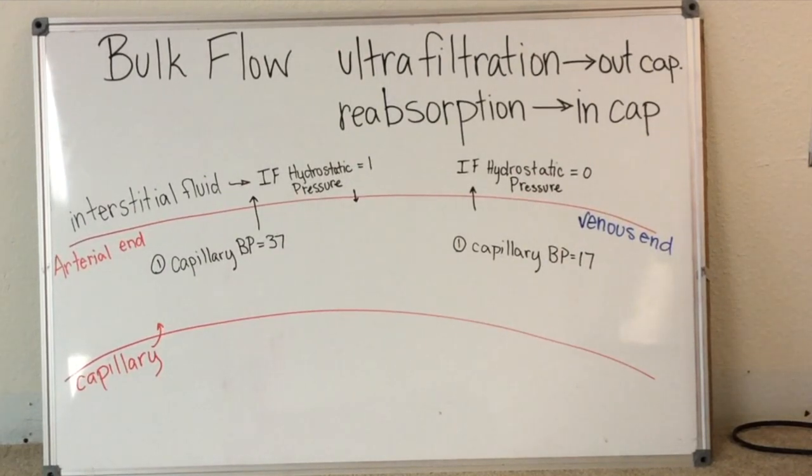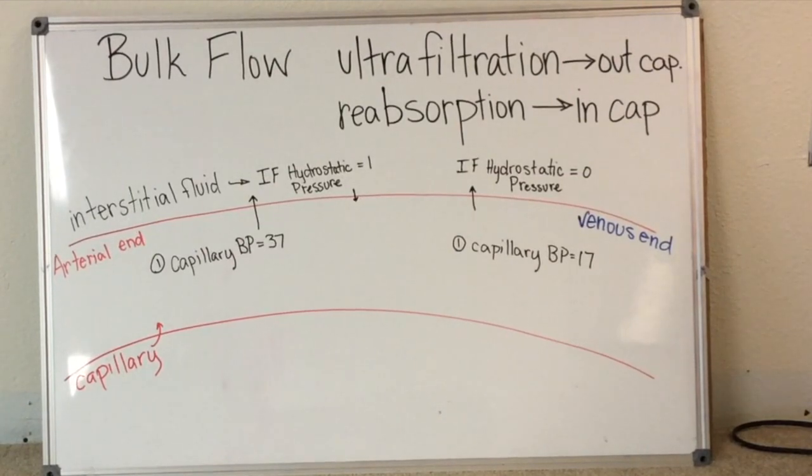One factor that influences bulk flow is capillary blood pressure. On the arterial end of the capillaries, blood pressure is around 37 millimeters of mercury. By the time blood has reached the venous end, blood pressure has dropped to 17 millimeters of mercury due to increased friction by the red blood cells against the capillary walls and the loss of fluid through the pores of the capillaries.